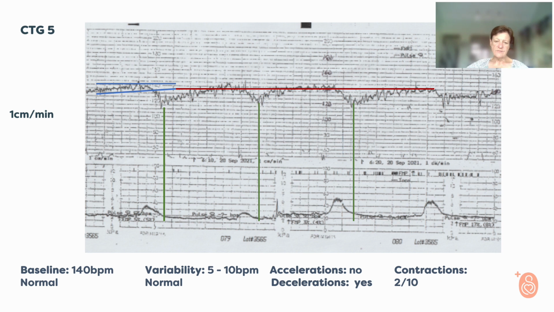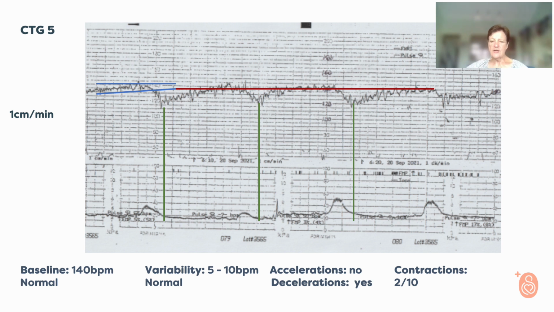We can see that this one took quite a while before it recovered to normal. This one is a little bit better, but this one also took quite a while before it recovered to the normal baseline. So in total, we say then that there are decelerations, and I say these are definitely late decelerations, which we will come to just now.